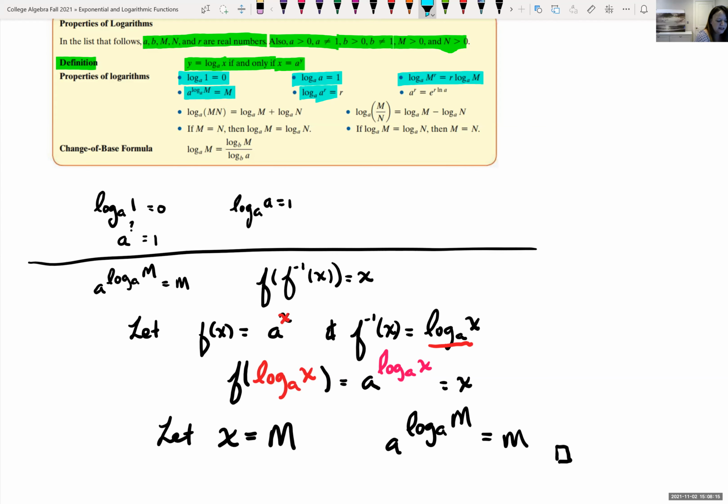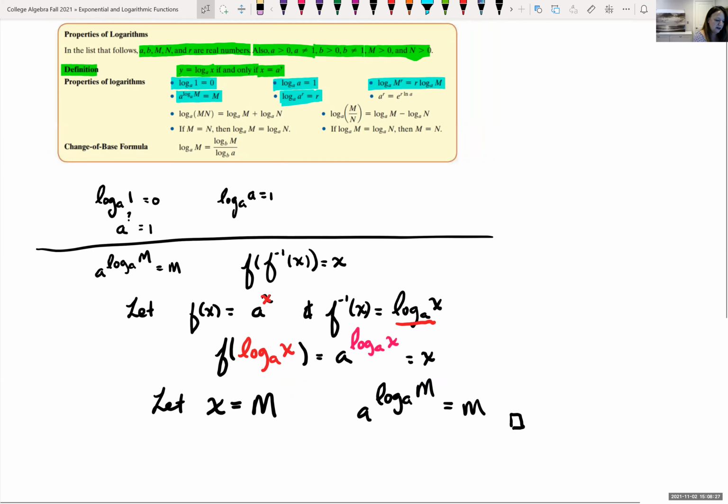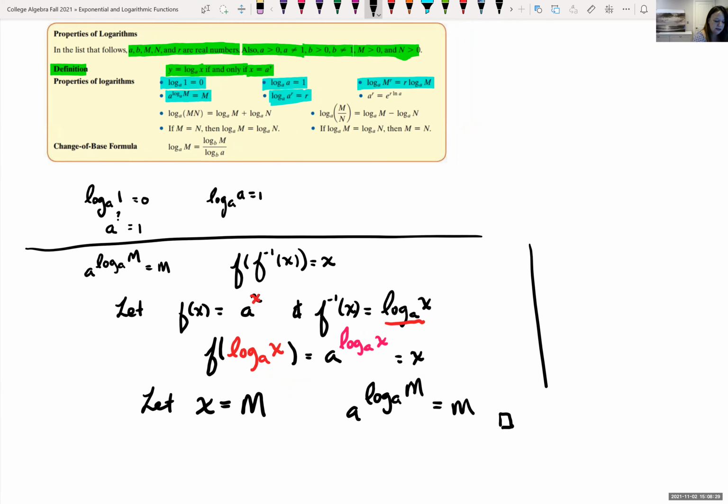So looking at log base a of a raised to the r power, this is also equal to r. We can think about that as definition of a function and its inverse, just like we just did, or think about it with the exponents. Log base a of a raised to the r power is saying our base a is raised to what power to give us back a raised to the r power?